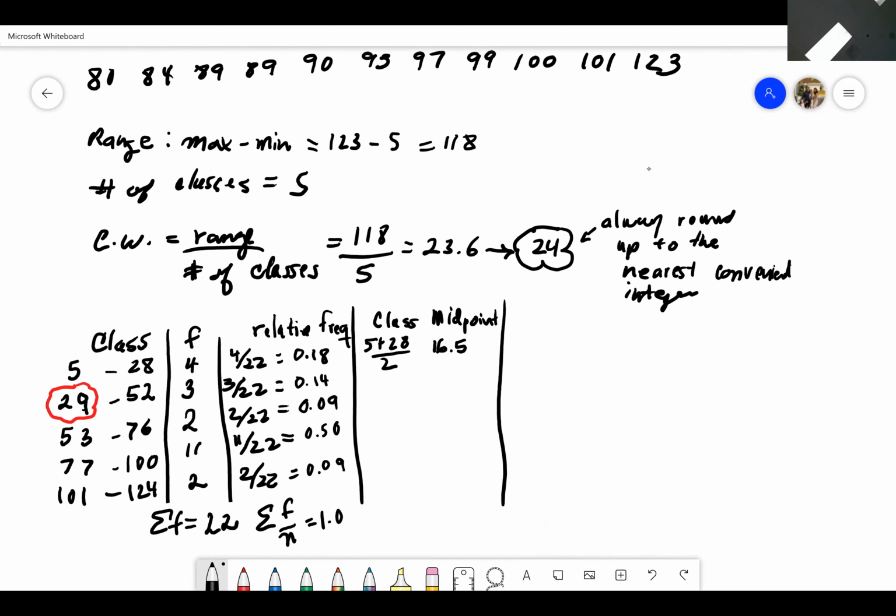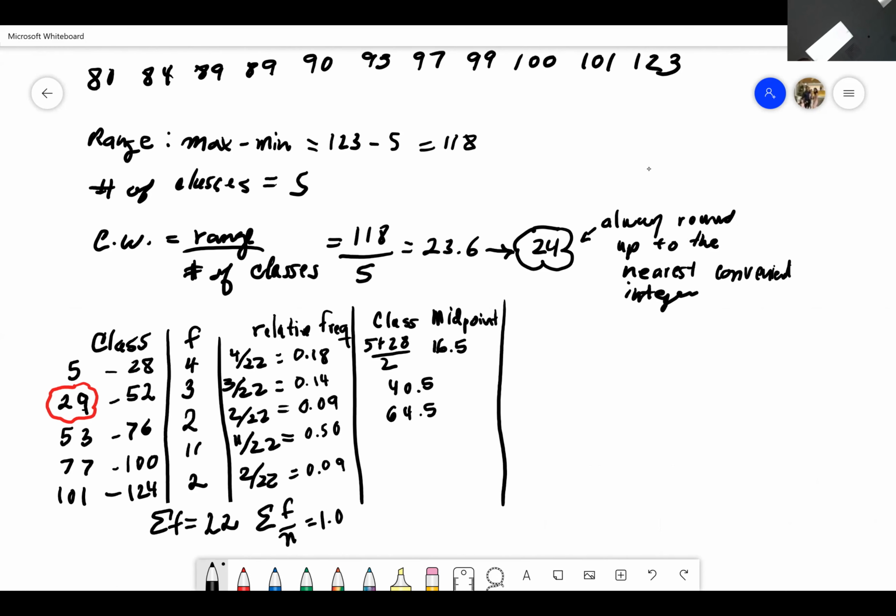Now, you can go ahead and keep on doing this. You can do the next one, 29 plus 52 divided by 2, and 53 plus 76 divided by 2, and keep on going. Or you just add 24 over and over again. So if I add 24, I will get my next one. Assuming I did this one correctly, the next one should come out to 40.5. If I add 24 to that, I get 64.5.